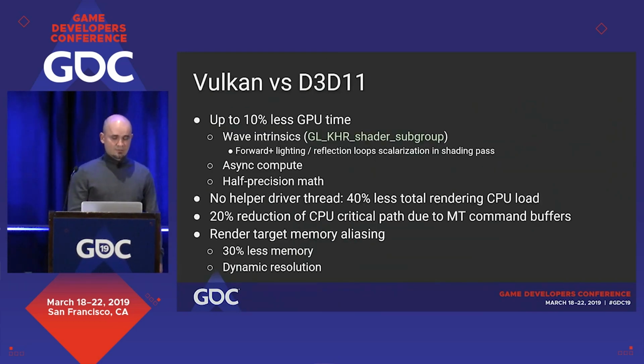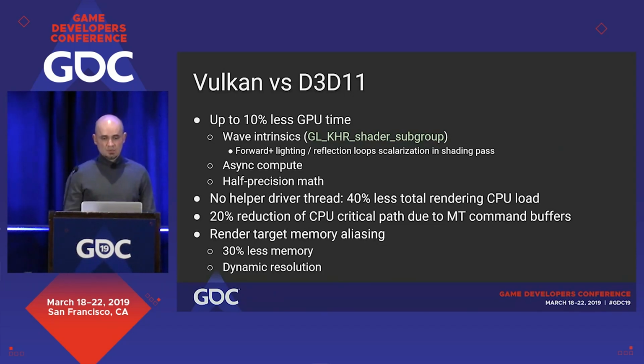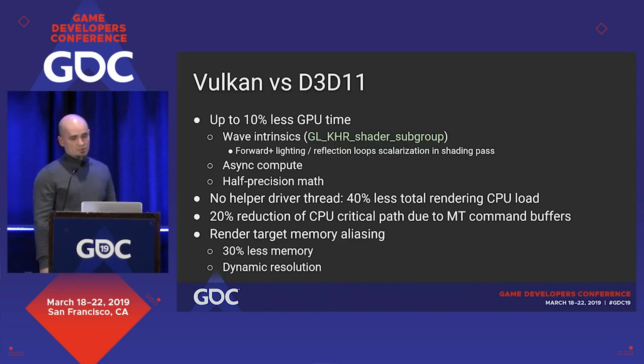Overall, I would like to say that going from DirectX 11 to a more low-level API was a worthwhile investment. At the end, we got only slightly better GPU timings, but CPU savings were significant.